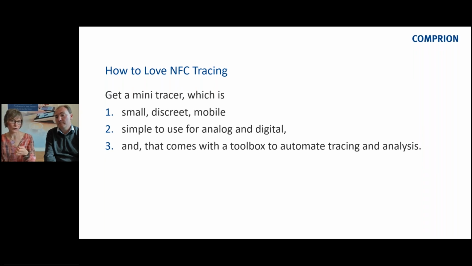You don't need to go into parameter settings endlessly trying whether this works or doesn't work, because if you have a tracer which has been pre-configured by experience with a broad range of participants and technologies or typical properties of NFC communication in the market, then you can use it right away, and also use it with analog. That means take more information.